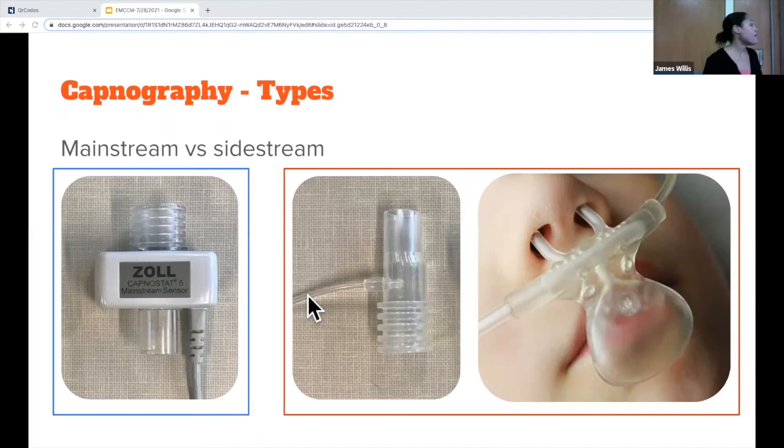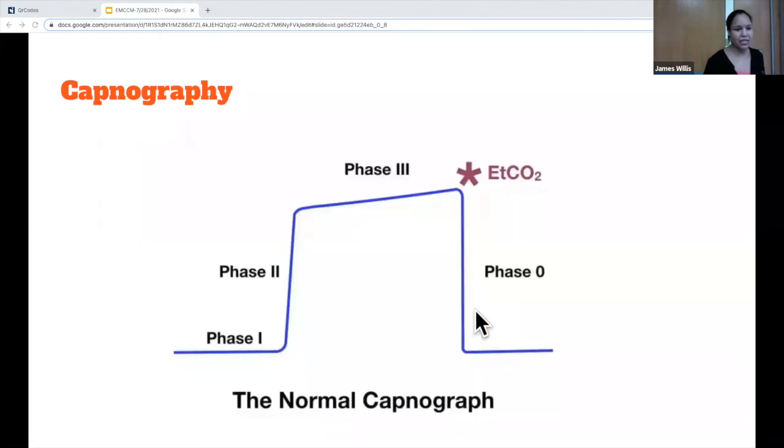The issue, as you might imagine, is that there's going to be a bit of a delay, so you don't get quite as immediate a reading. This is also a side stream, the nasal form. It takes little samples from the air and sends it over to a machine. The issue with these is they can get clogged. The tubing can get clogged easily, the sensors can clog, and again, it's not as immediate.